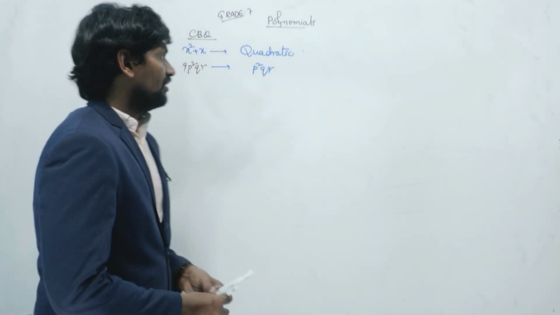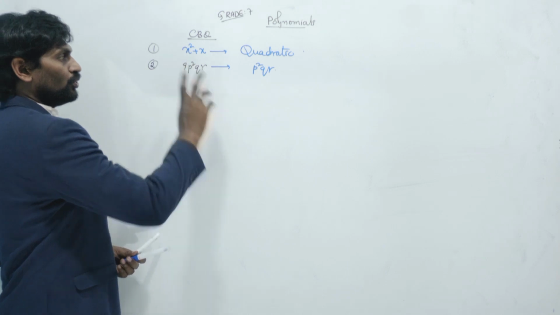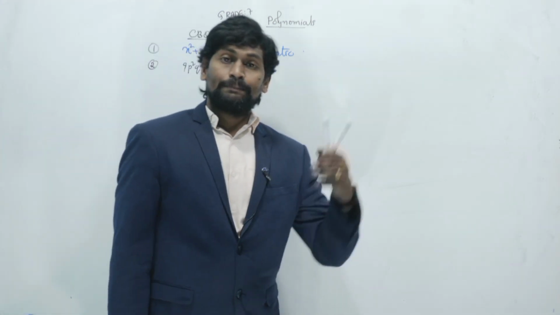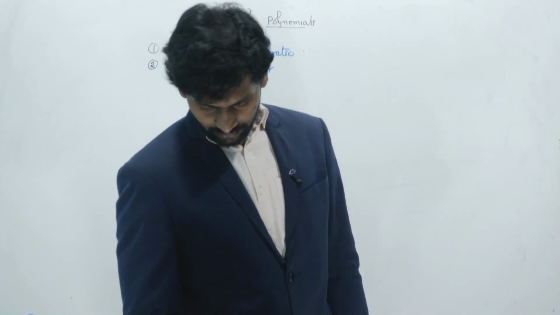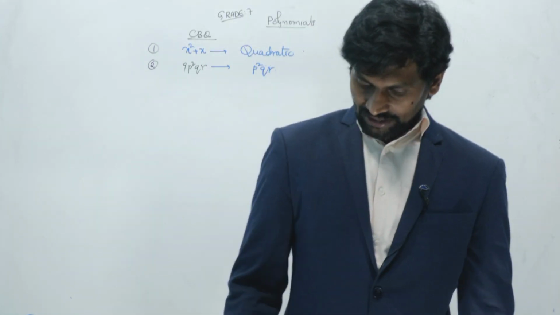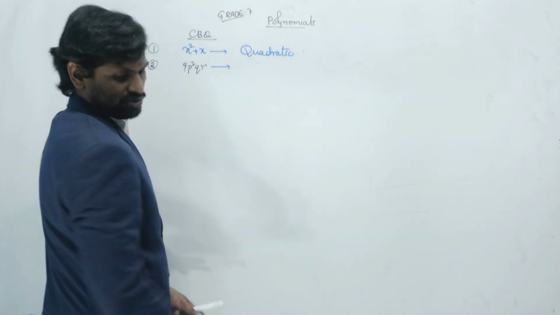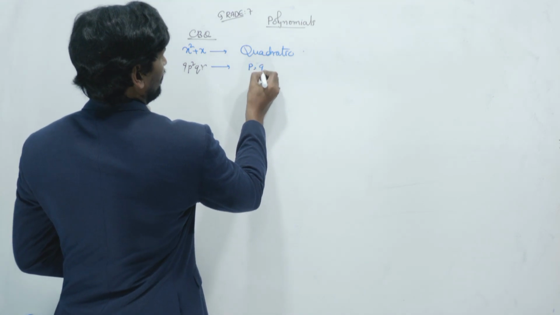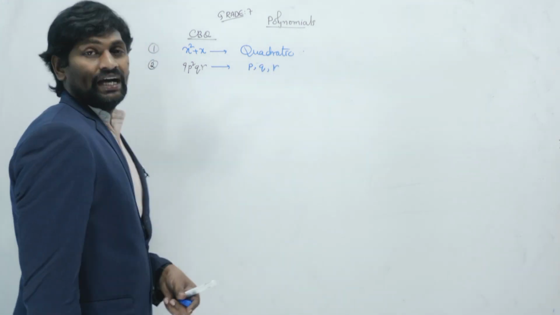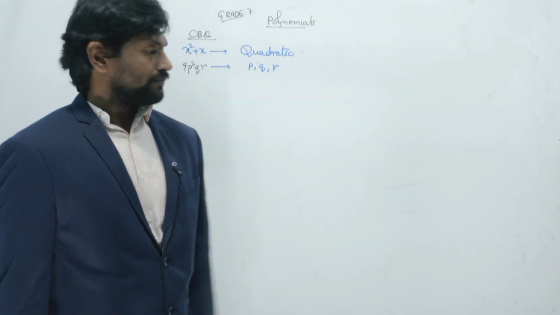Only 9. Here p square means we are not considering 2 as a number. P square means p into p. Okay? Right. Next, so literal factors are p, q, r. There are 3 letters. So according to your options, letter p, letter q, letter r are involved in this algebraic expression.